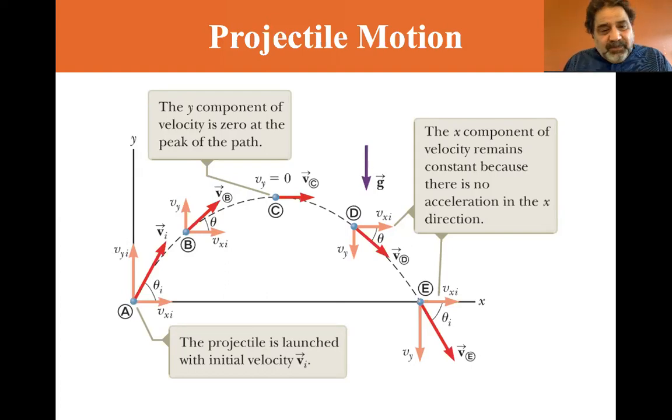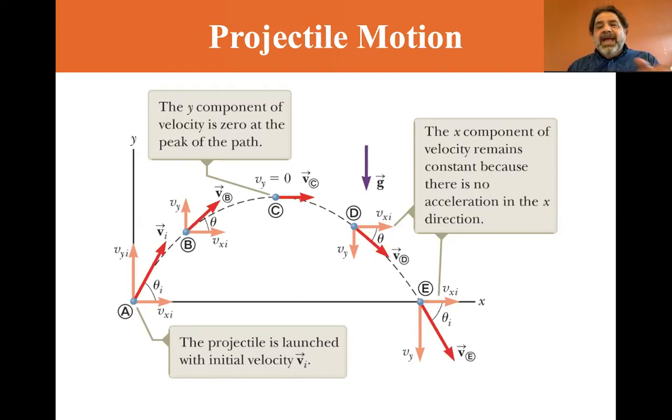The lighter orange, you can describe it as pink, vectors are the vertical velocity. It starts out large. The next one at B is about half the size, and then there is none at C. Why not? Because there is no vertical velocity at C. It's come to zero, and then it reverses direction, and Vy is downward at D, and then at E, Vy final is as long as Vy initial, but in the opposite direction.